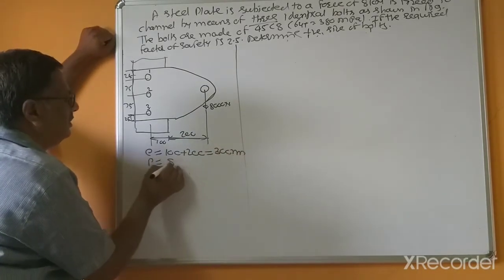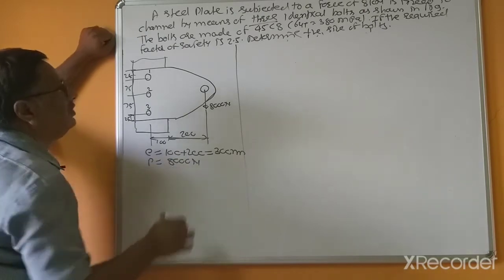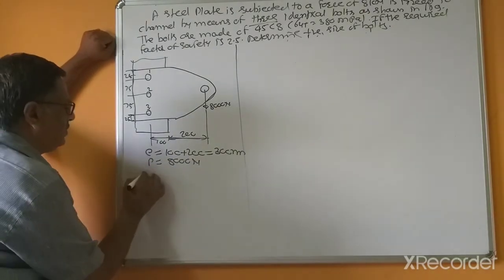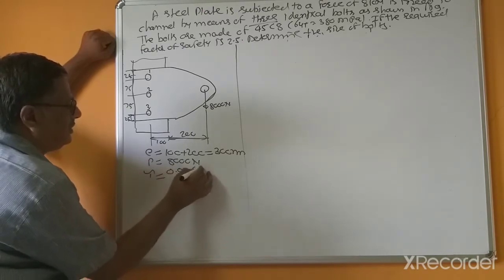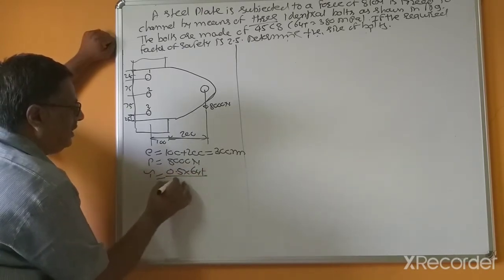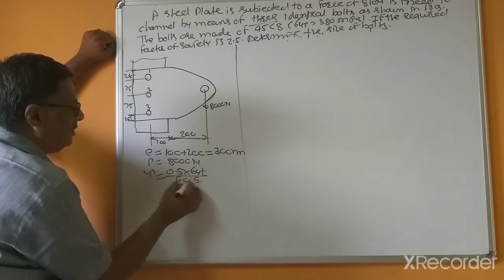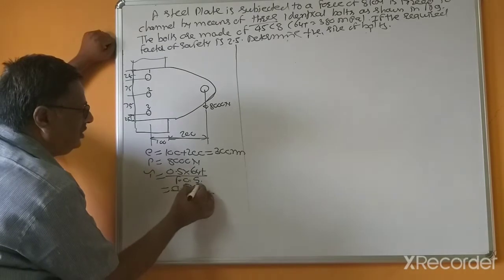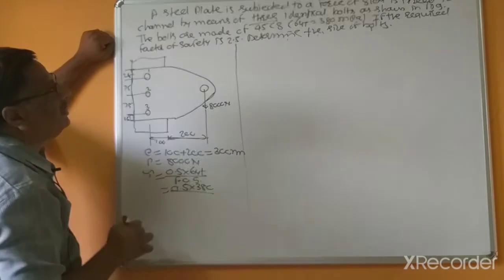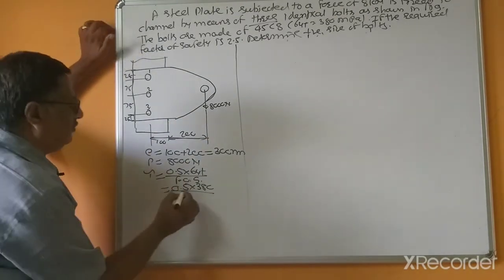P equals 8000 Newton. Tau equals 0.5 into sigma yt divided by factor of safety, and that is given as 380. Factor of safety is 2.5.